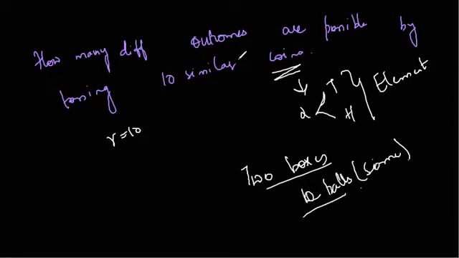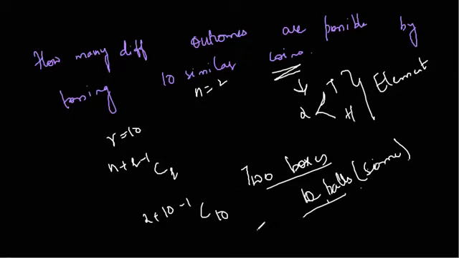So the tail and heads are the 2 elements, and you are tossing the same coin 10 times, so that is your r value, and the n value is equal to 2. If you take your formula, it is n plus r minus 1 C r. So 2 plus 10 minus 1 C 10.